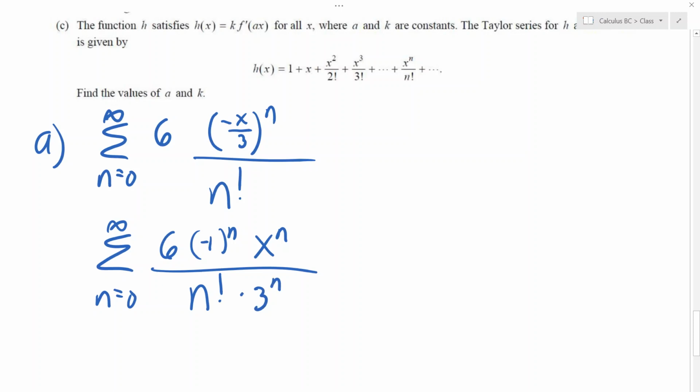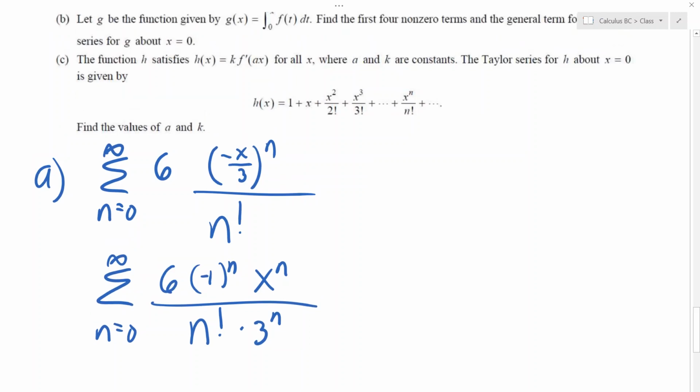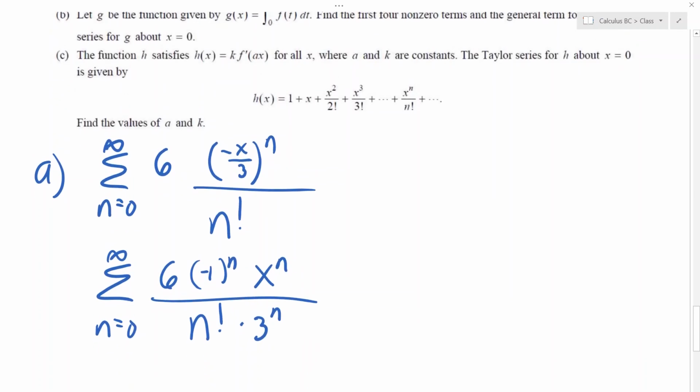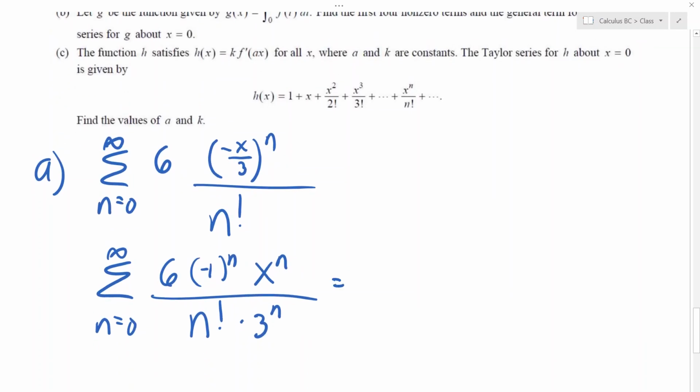Okay, a little weird. Okay, and the first 4 non-zero terms of that thing, which is what they want, right, are plug in 0. You get 6. Okay, when you plug in a 1, you get negative 2. Dividing by 3 to the n and then dividing by 7 out just puts them both on the bottom.